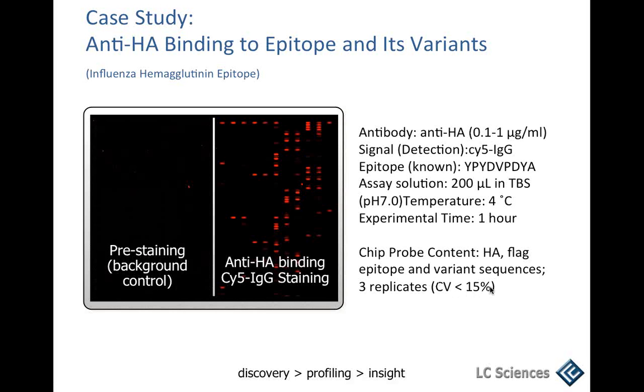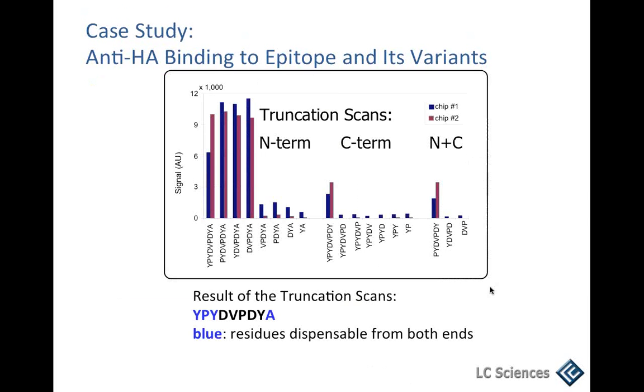In addition to just looking at the different variant sequences and unrelated peptide sequences, we also did truncation scans, one from the N-terminus, then second from the C-terminus, and then another one where we truncated simultaneously from both sides.